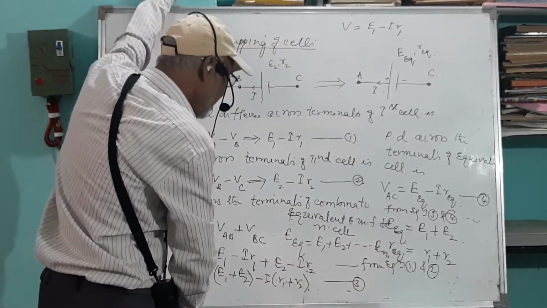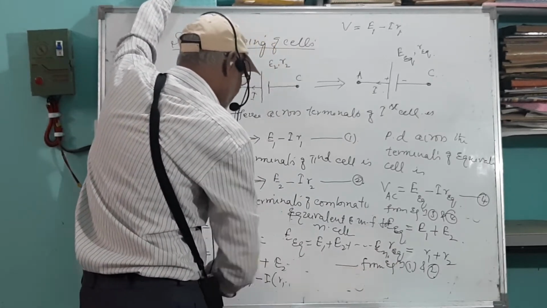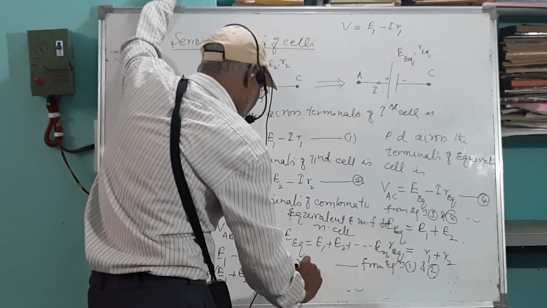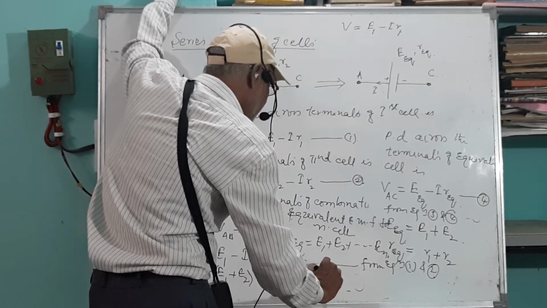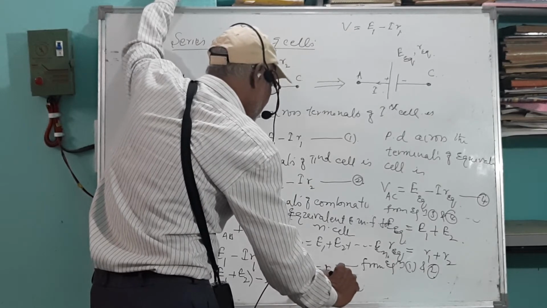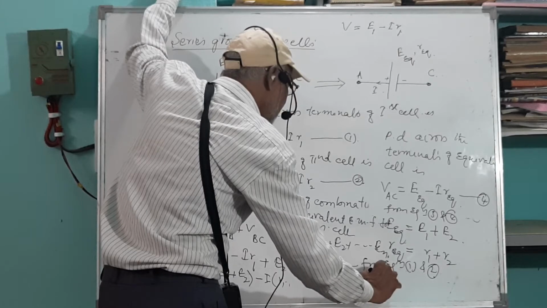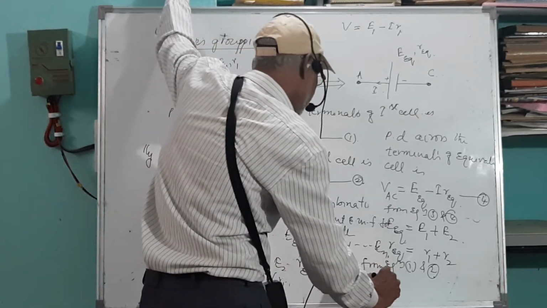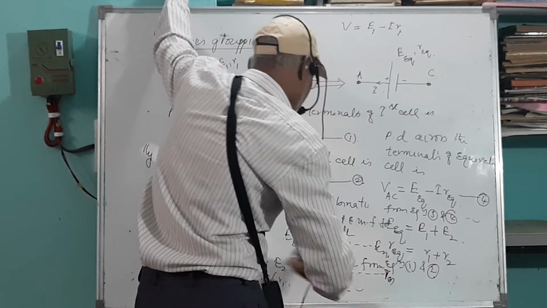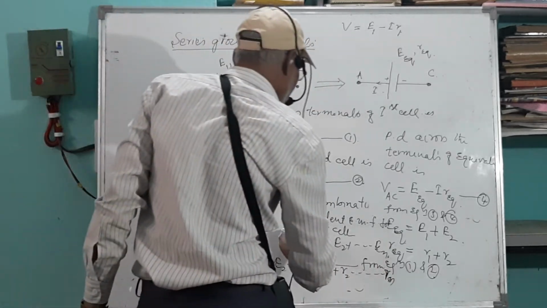Similarly, the equivalent internal resistance for n cells is R equivalent equals R1 plus R2 up to Rn. Like this, you can get the expression.